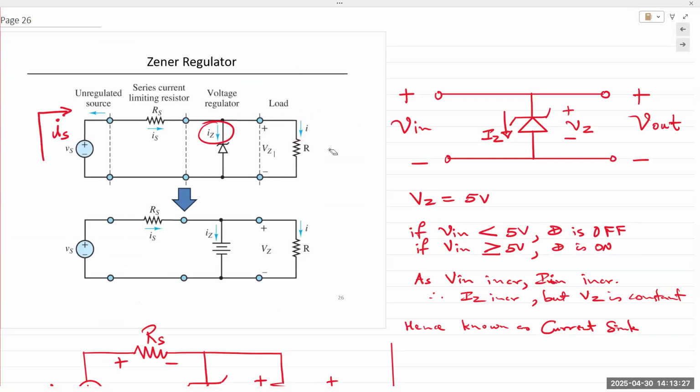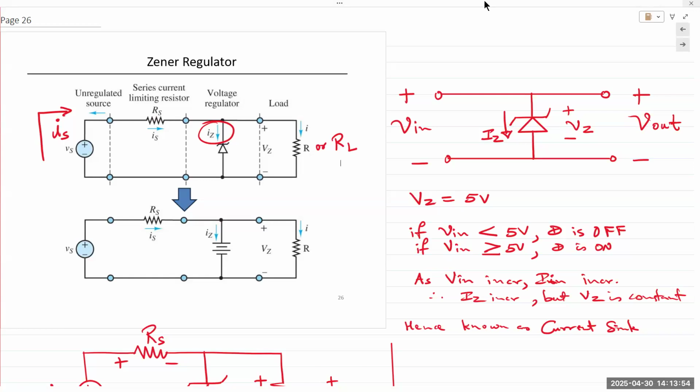Now our book uses R and I for load. I don't like that. Typically, I like subscript notations for everything. So in class, I will use RL and IL for load resistor and load current. Again, you're an engineer, so over the course of your career for the next few decades, you'll encounter many different subscripts, many different notations.